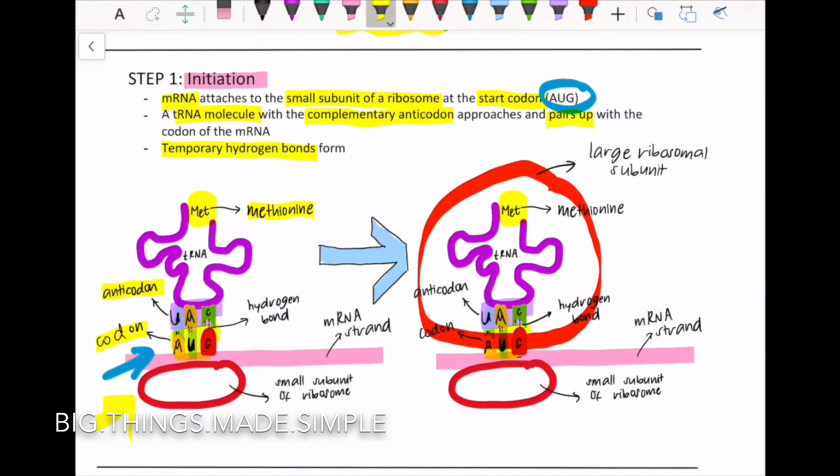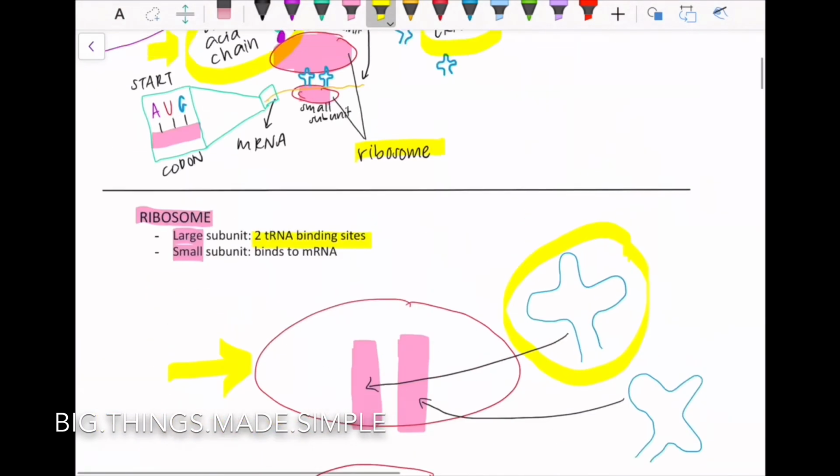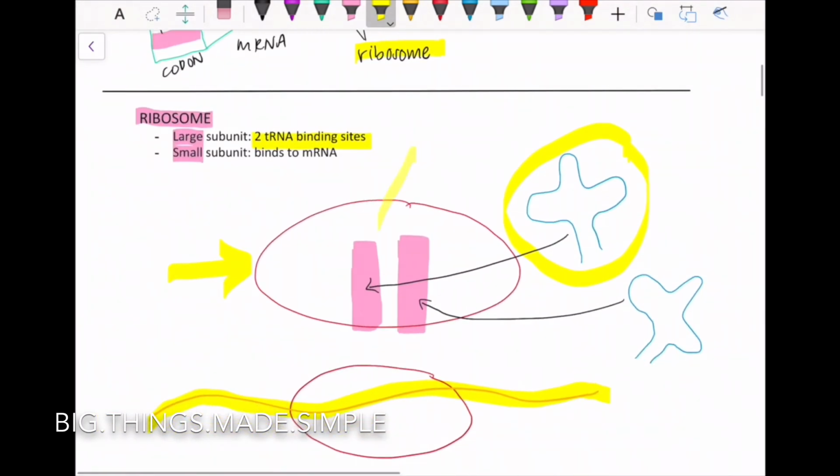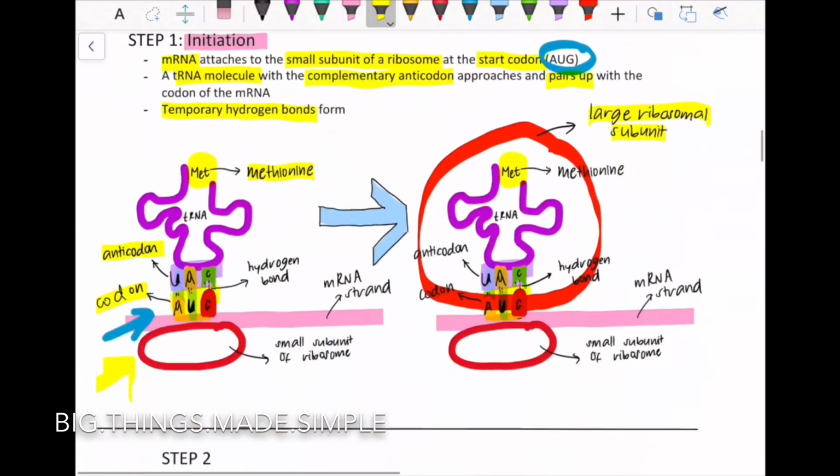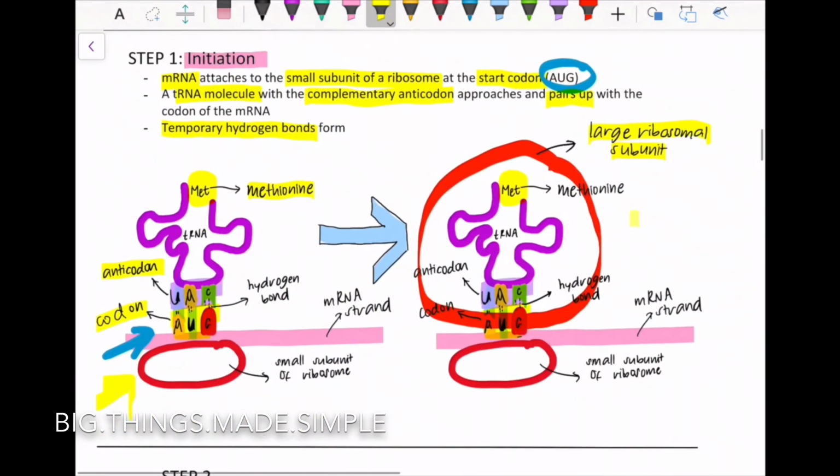Then a large ribosomal subunit will bind to this tRNA molecule, because remember, the larger subunit has two tRNA binding sites. That's where this tRNA molecule will bind, thereby constructing the full ribosome.